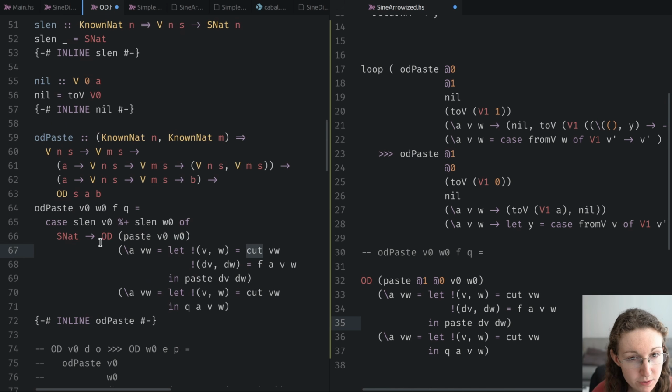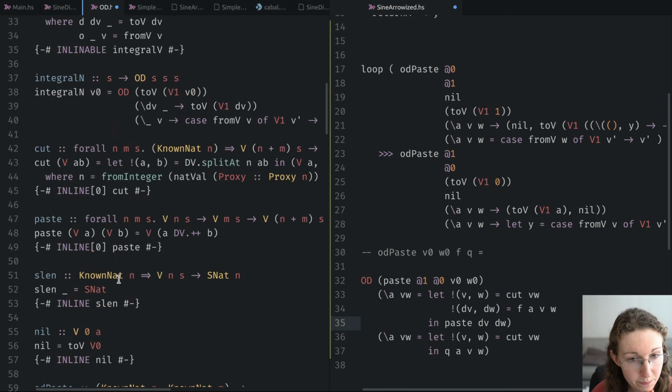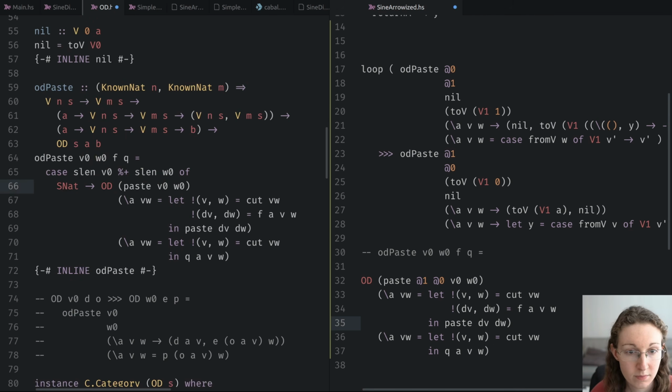Well, the arguments to this second function here, I think the easy thing to do is let's actually just explicitly annotate all the types. So paste is applied to n and m, sorry, but it's going to result in a vector of length n plus m.